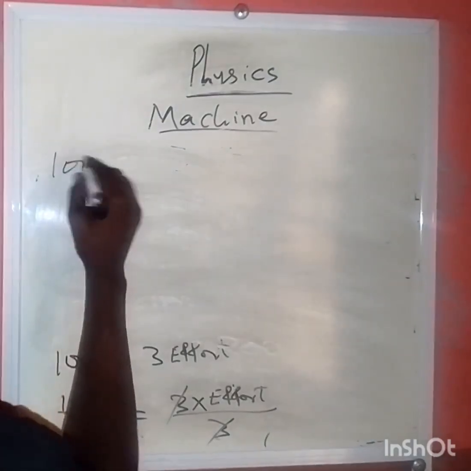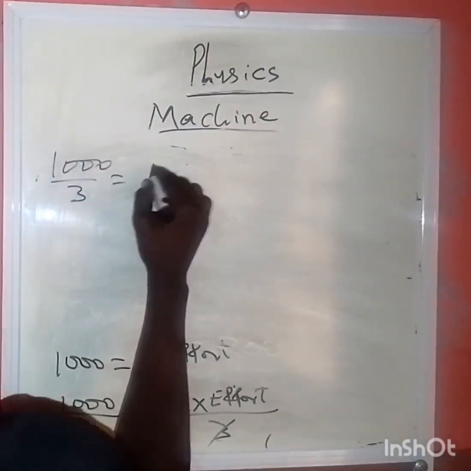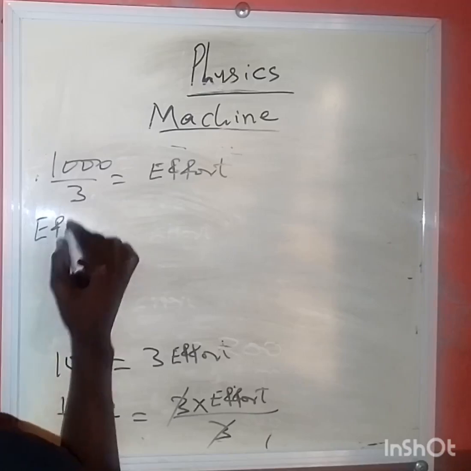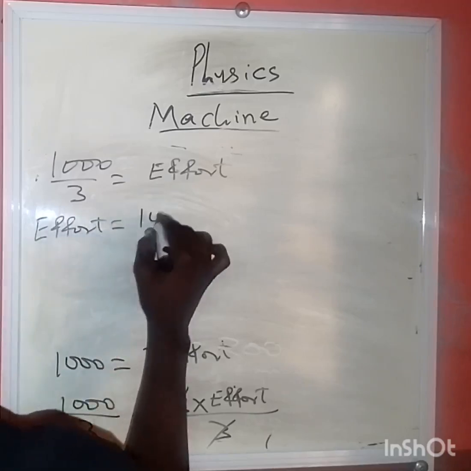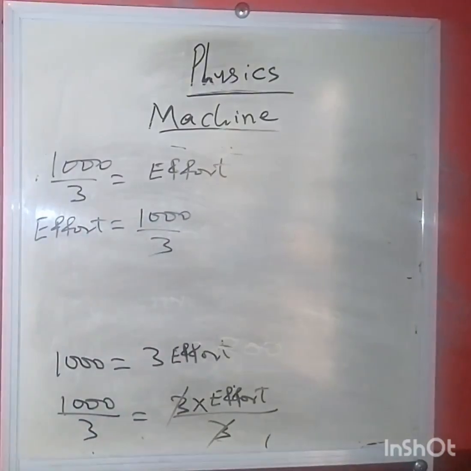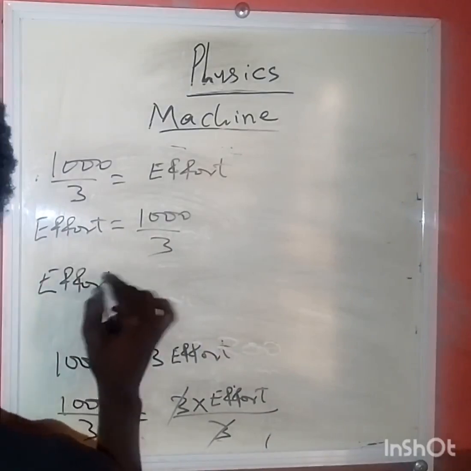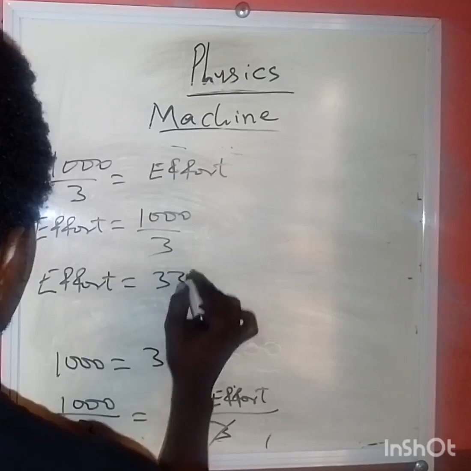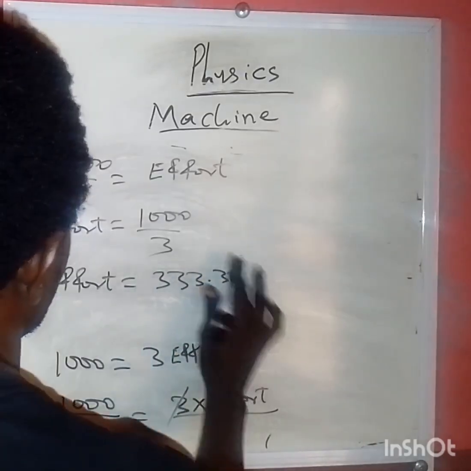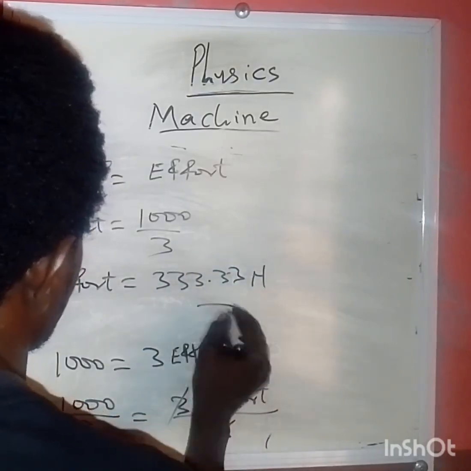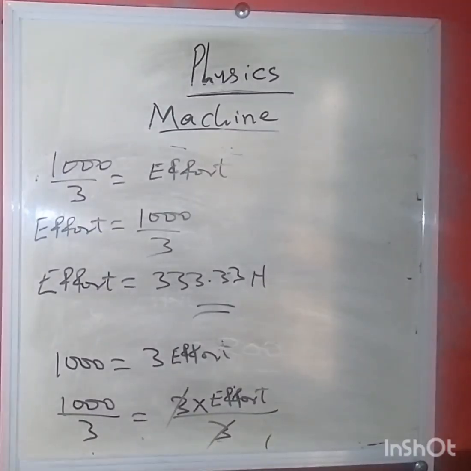So you have 1000 over 3 is equal to effort, and this is what you are looking for. So effort is equal to 1000 over 3. 1000 over 3 will give us 333.333. So effort is equal to 333.33 Newton. So that is that about that.